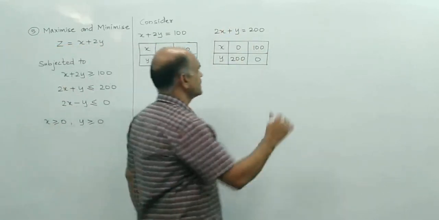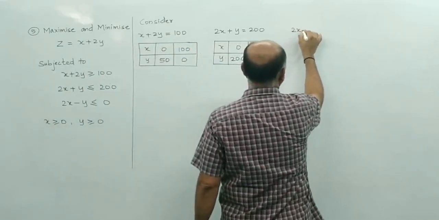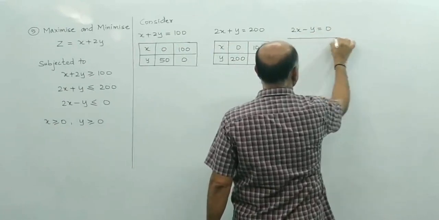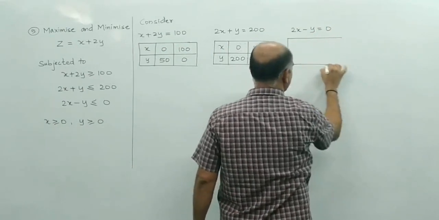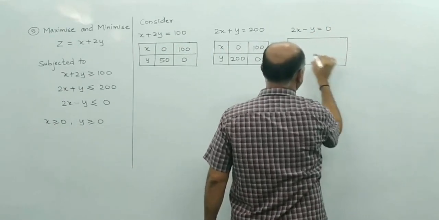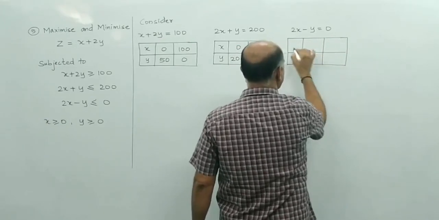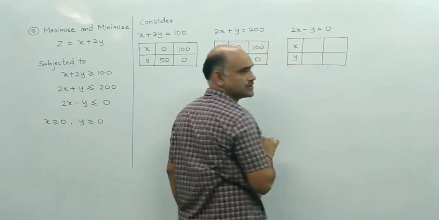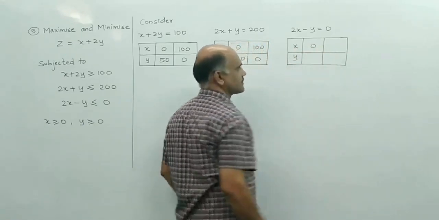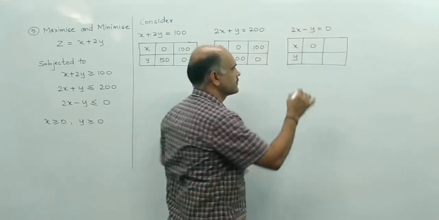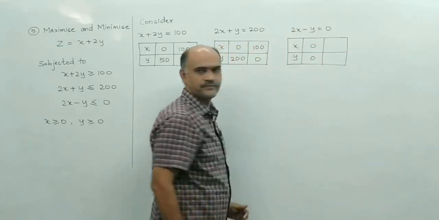If I take the third equation, 2x minus y is equal to 0. Again find x and y to draw the line. If you take x equal to 0, you will get minus y equal to 0, therefore y is 0.